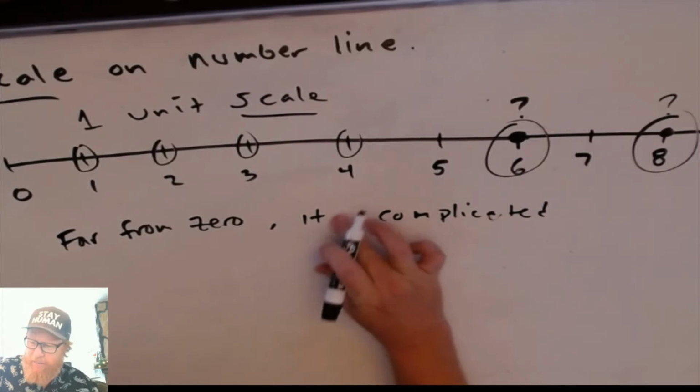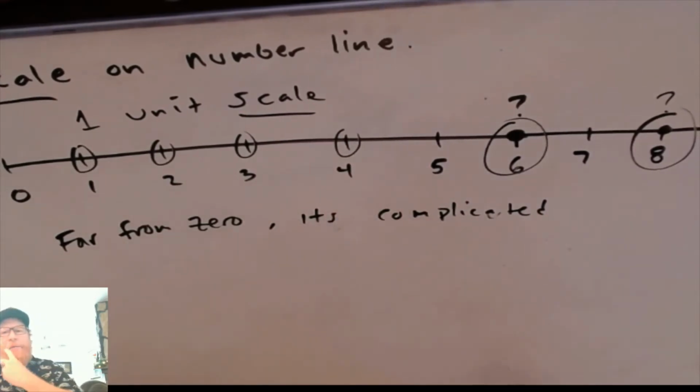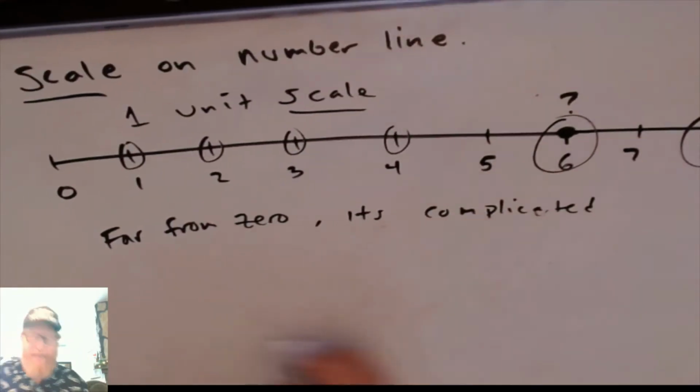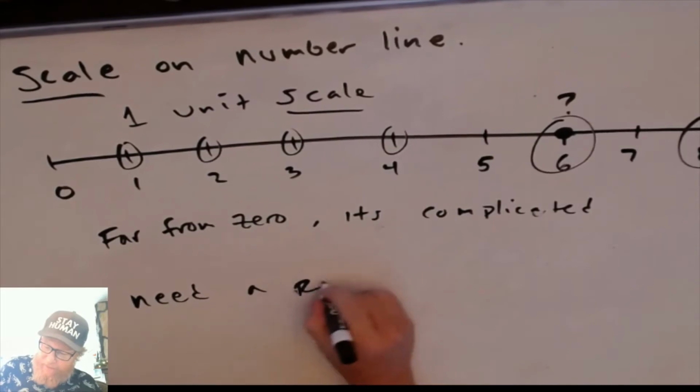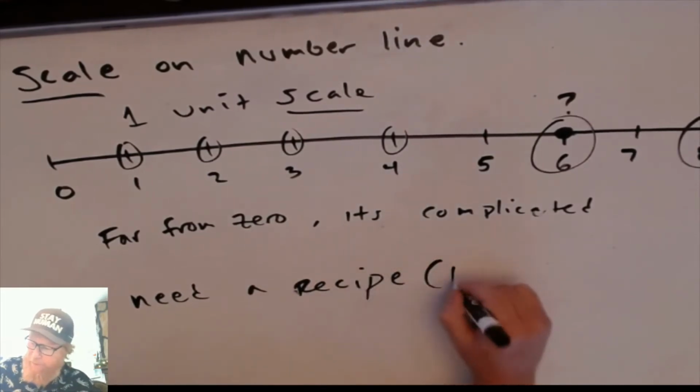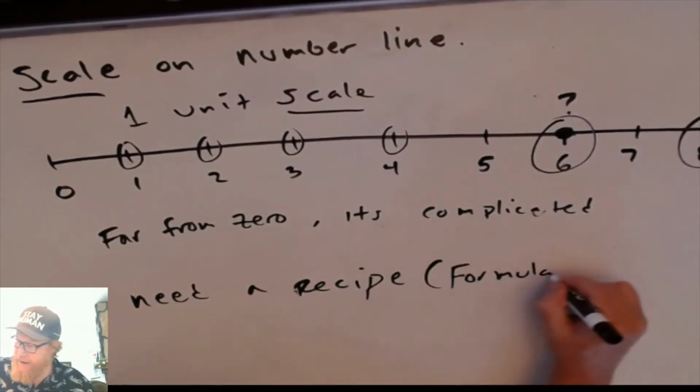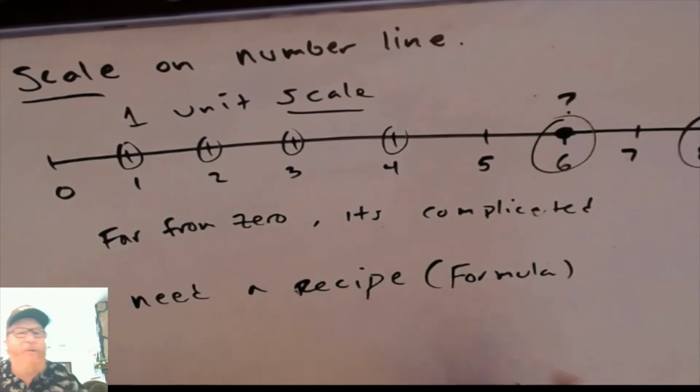Although I shouldn't scare you by saying it's actually complicated, it's a little bit more complicated. There's a recipe that we need, or a formula. In my class, I often refer to formulas and recipes in the same breath.